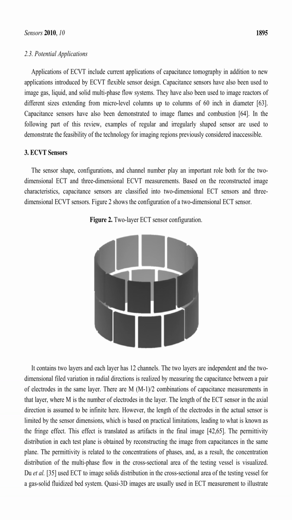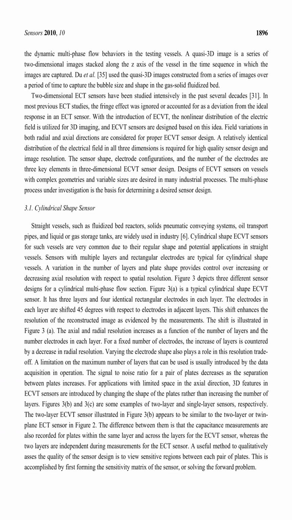The permittivity distribution in each test plane is obtained by reconstructing the image from capacitances in the same plane. The permittivity is related to the concentrations of phases, and, as a result, the concentration distribution of the multiphase flow in the cross-sectional area of the testing vessel is visualized. Dynamic multiphase flow behaviors in the testing vessels.